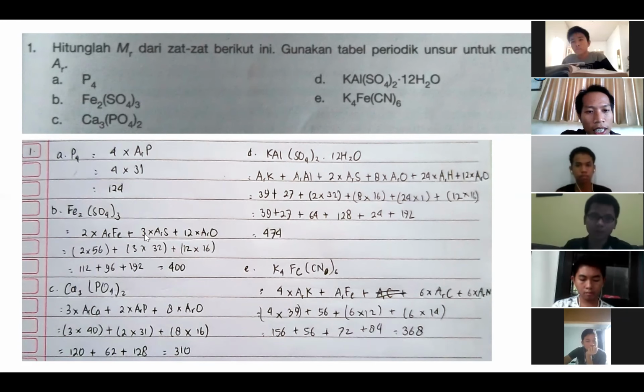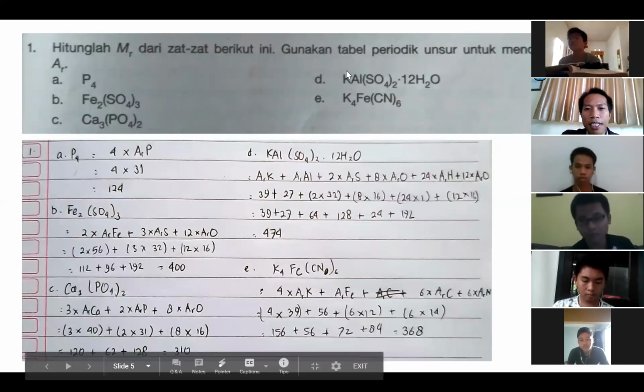That's why it is 3 times the relative atomic mass of S and 12 times the relative atomic mass of oxygen. So you multiply by the number outside the parenthesis. After you put in the relative atomic mass of each element, you will get the relative molecular mass. The same with C: 3 times Ca, 2 times P, 2 times 4, 8, 8 times oxygen. So you will get this one.